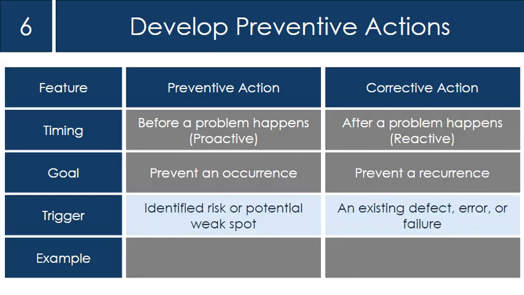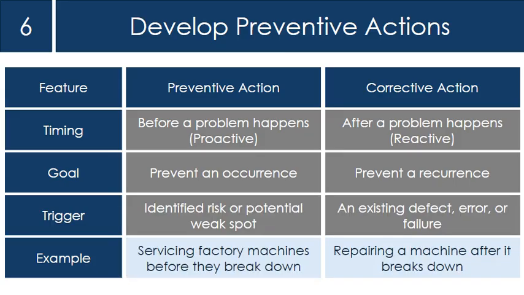The trigger for a preventive action is an identified risk or potential weak spot, versus a corrective action that is triggered by an existing defect, error, or failure. An example of a preventive action is servicing a factory machine before it breaks down, and a corrective action is repairing the machine after it breaks down.